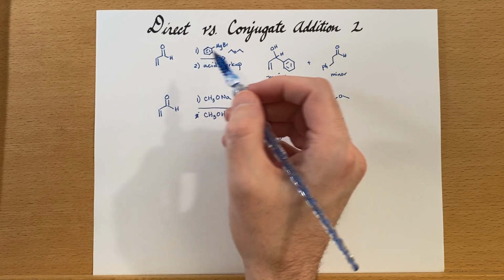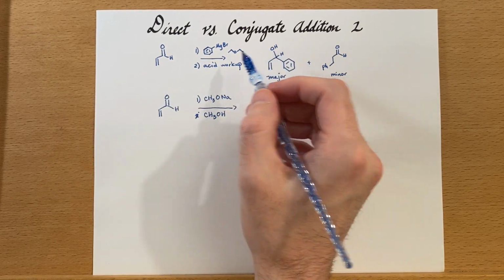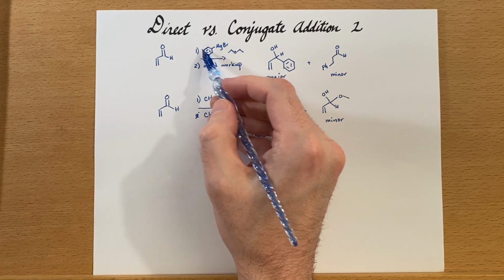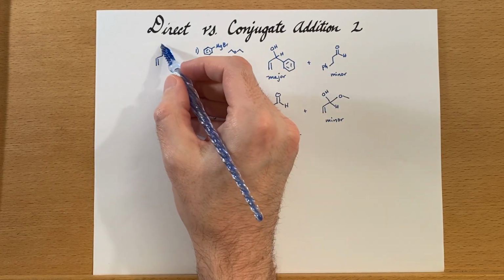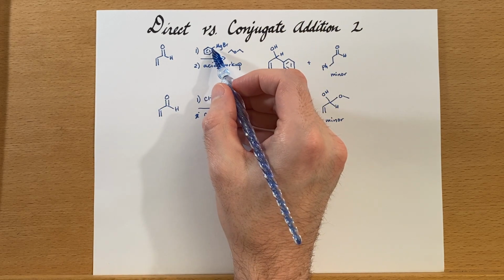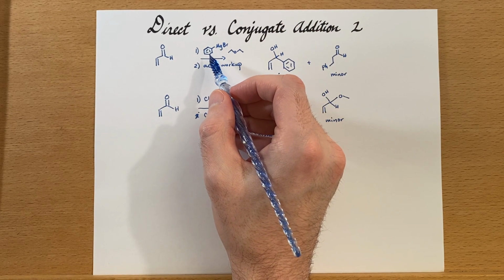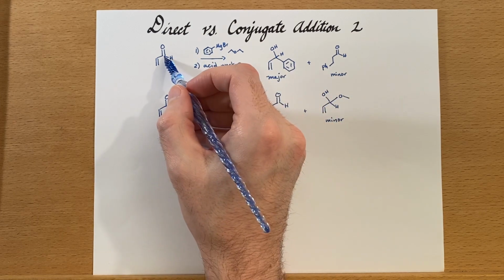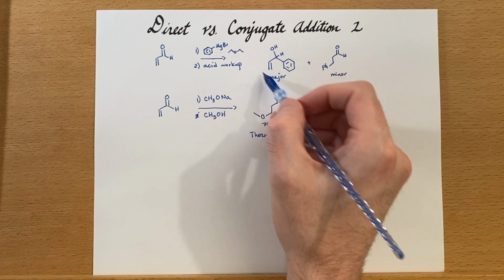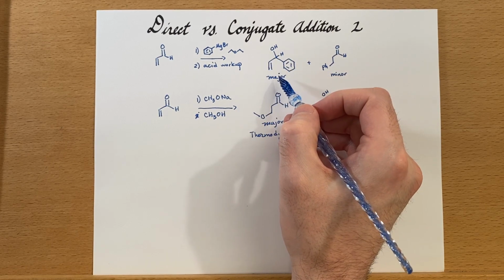And once it does that, it's irreversible. It's not going to go back to something that's less stable. And having a negative charge on the oxygen is definitely more stable than having the negative charge on a carbon. So once it attacks here, it can't go back. So you end up making more of this product.